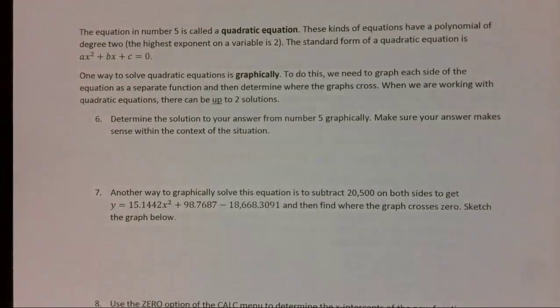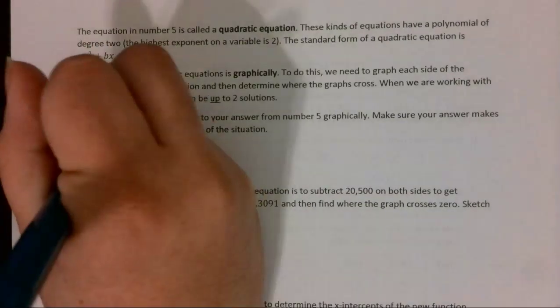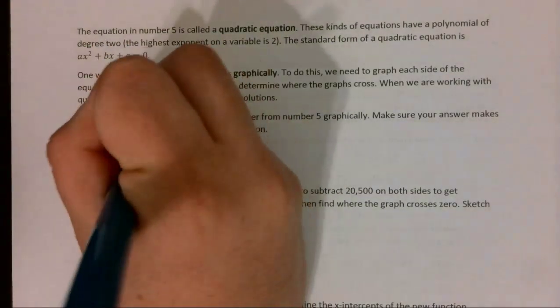So one way is to solve it graphically. What you need to do is separate the two functions, and then you determine where they cross. So I'm going to have y1 equals the 20,500.